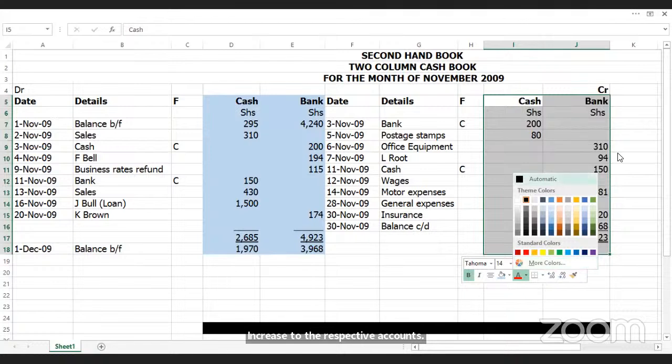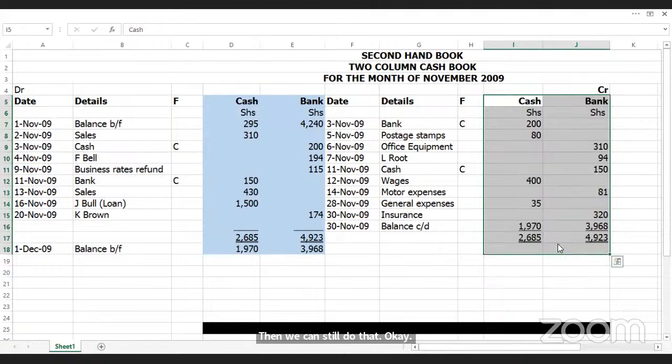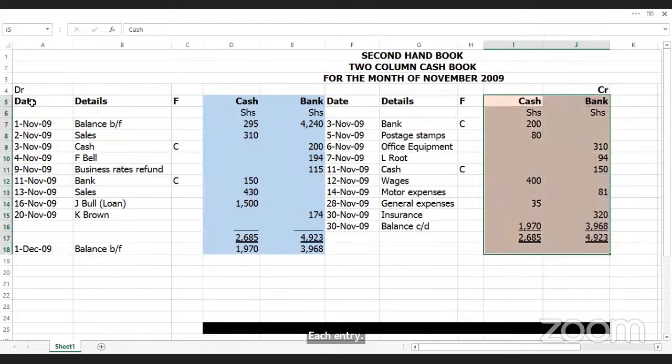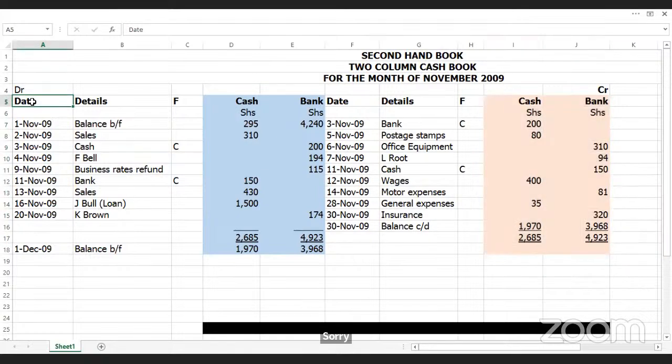Remember, in accounting, each transaction will have two different entries, one as a debit and the other as a credit, don't forget.